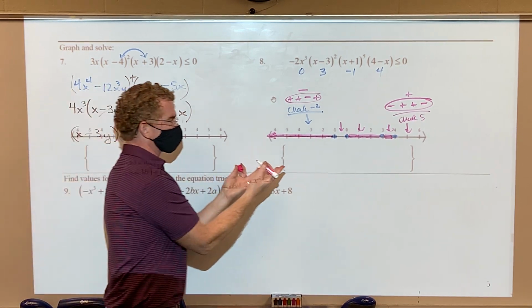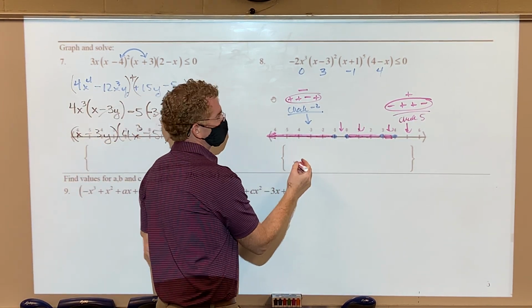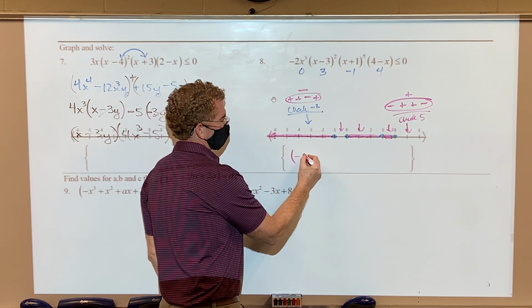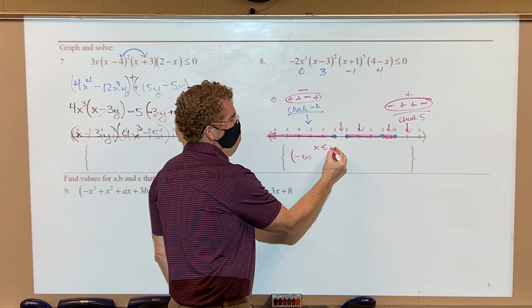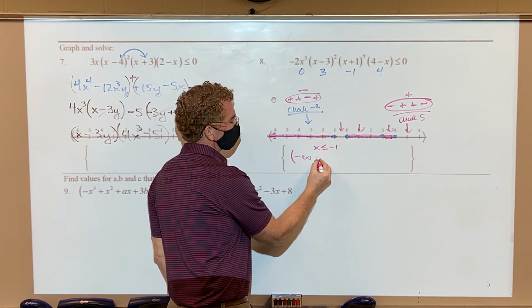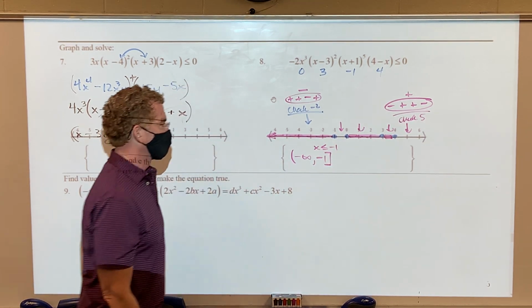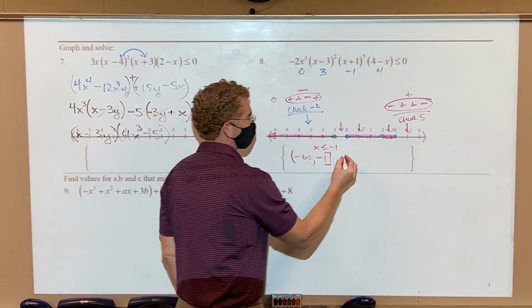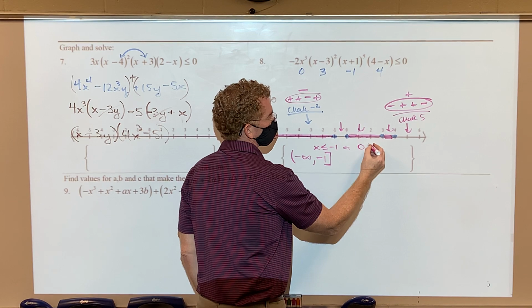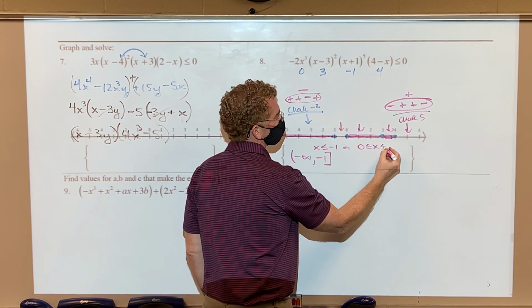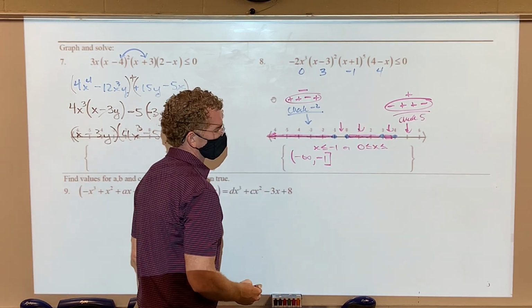So what do I write down as my solution here? X is less than or equal to -1. You could say that, or negative infinity to -1 with a bracket on the -1. And then, or 0 is less than or equal to X, which is less than or equal to 4.